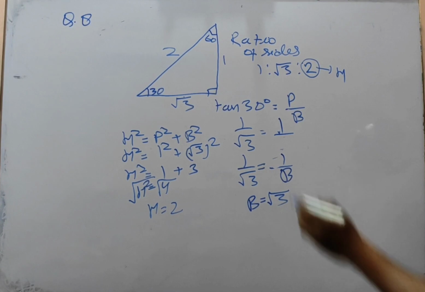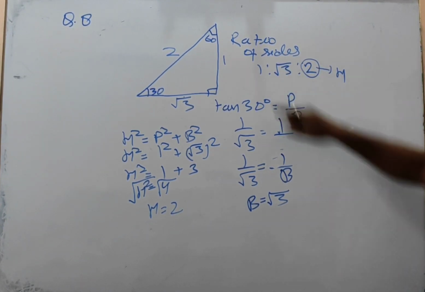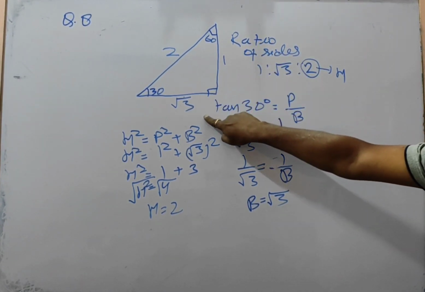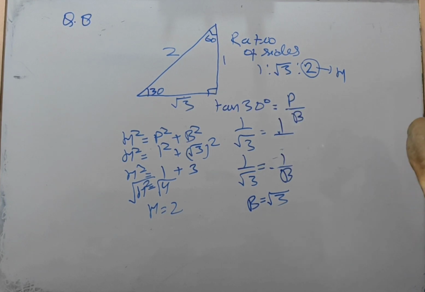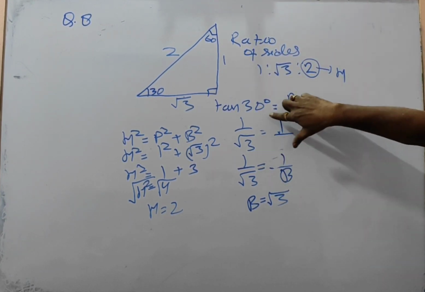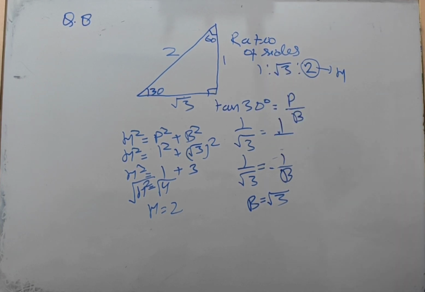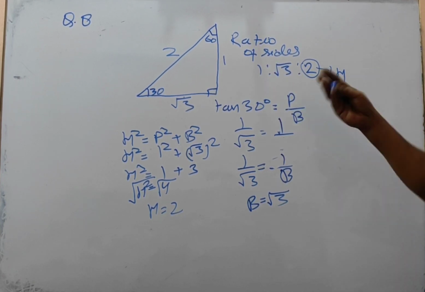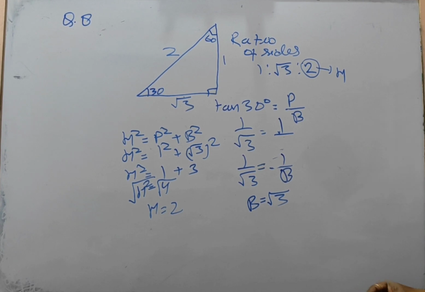So that is how they get the ratio 1 is to root 3 is to 2. With this angle we can get it, and after that they compared it.